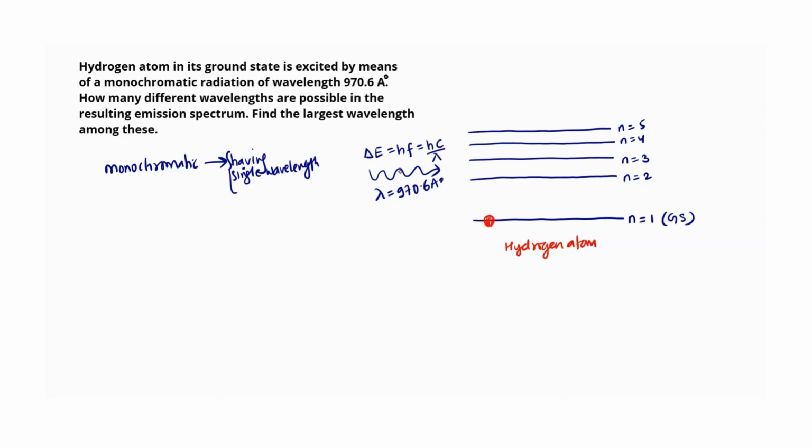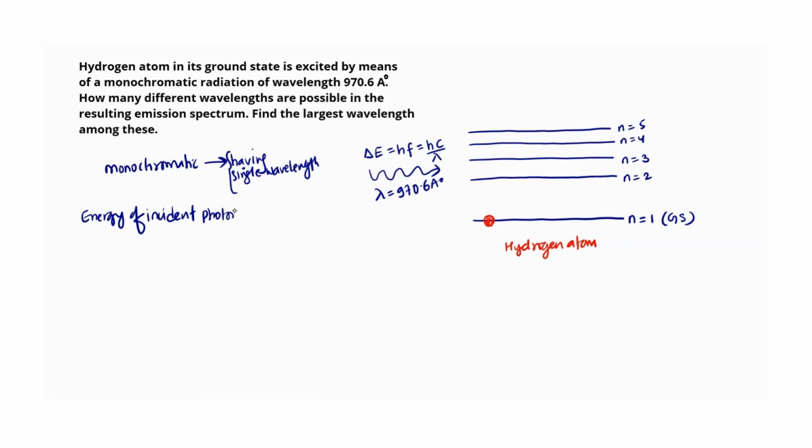Now we need to find the energy of the incident monochromatic radiation. So let us find the energy of the incident photon.